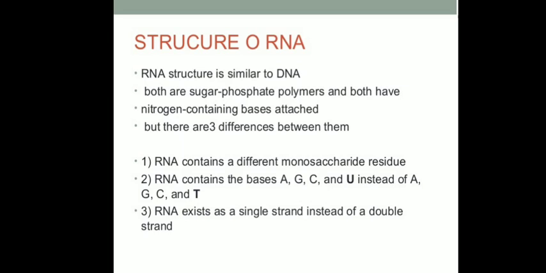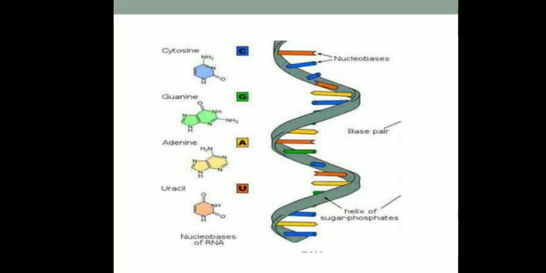And the third important difference between DNA and RNA is that RNA is present in single stranded form, whereas DNA consists of a double stranded structure. Here you can see the structure of RNA. It is a single stranded structure which consists of nitrogen bases like cytosine, guanine, adenine and uracil.